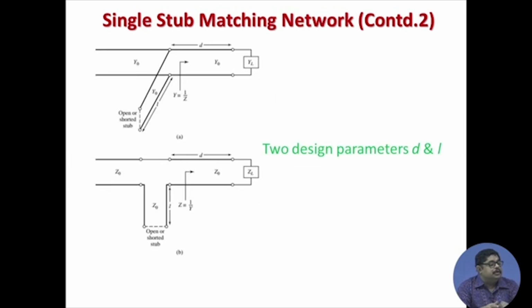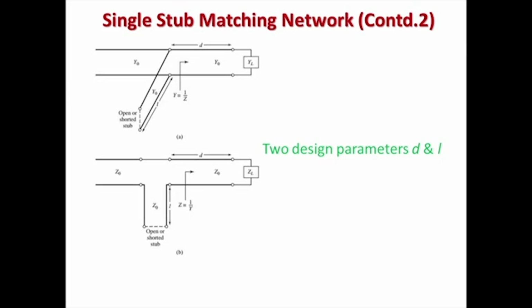So, in both these cases of single stub matching, you have only a single stub, and the location of that stub and its length are the two design parameters. D means where you are placing the stub, how far it is from the load, and L is the length of the stub.